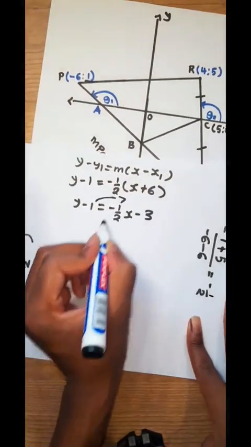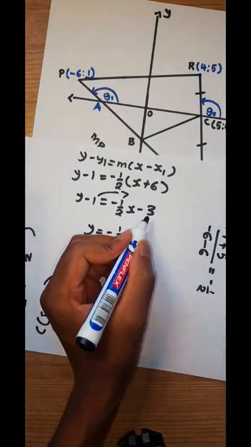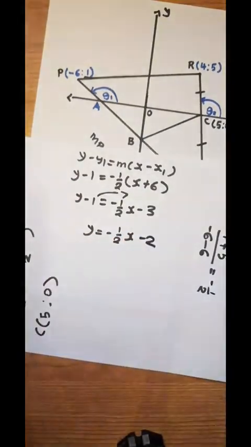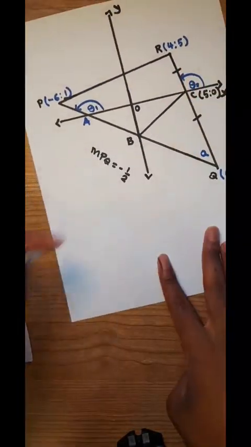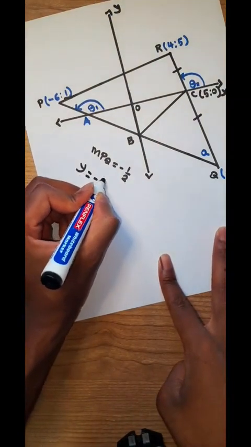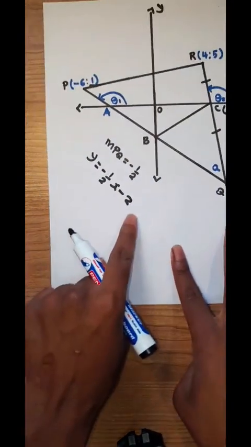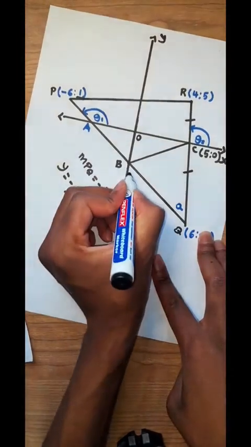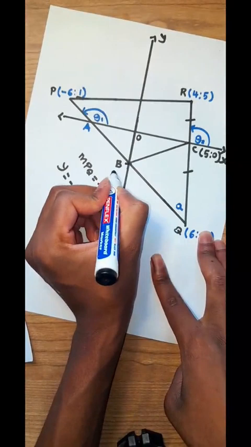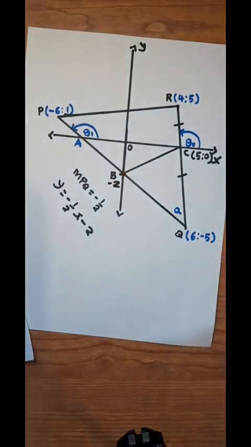Taking the 1 to the other side, we get minus 1 over 2 x minus 3 plus 1, which is minus 2. So the equation of PQ is y equals minus 1 over 2 x minus 2. This minus 2 tells us that B is the coordinate where the line passes through y equals minus 2.